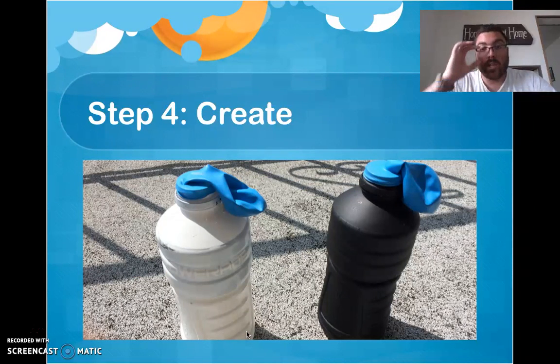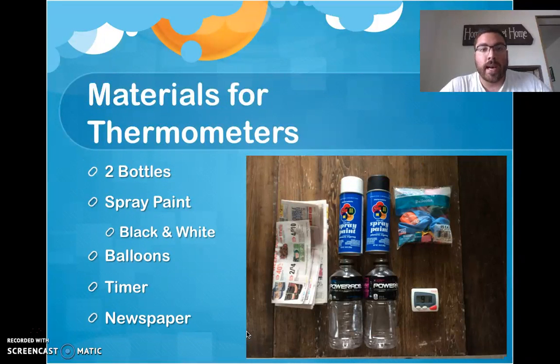Step four is to actually create them. Here's a quick picture of what the final product looked like, but to walk you through a little bit about that process, to start, you're going to need to have the materials for your thermometers, which were 2 bottles, spray paint, which was black and white in my case, balloons, a timer, as well as newspaper.